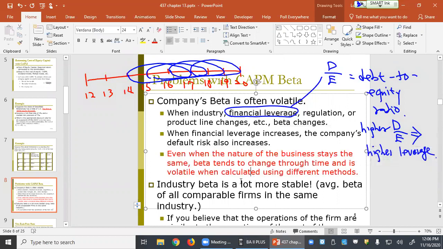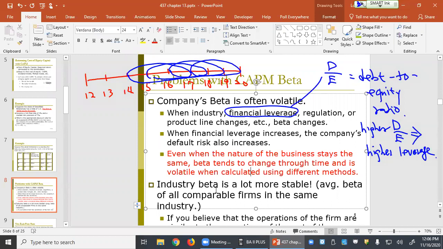It says that a lot of the time we find that the business nature does not change at all, the economic condition of the company remains pretty much the same across the past 6-7 years, and the financial leverage remains the same, but somehow the company's beta still changes. And we can't explain that.